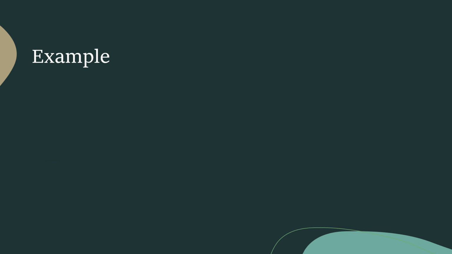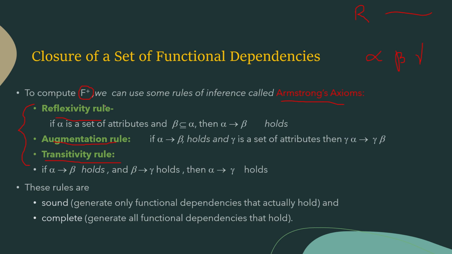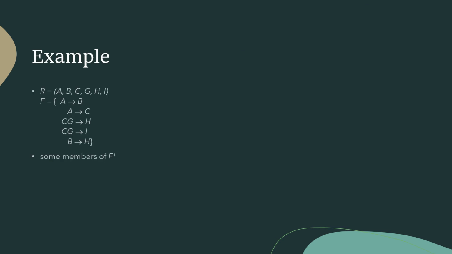Suppose we are given R, a relation schema consisting of different attributes: A, B, C, G, H, I. Let F be the set of functional dependencies given. From these functional dependencies, by applying the three rules explained, we can generate some logically inferred functional dependencies. First, if you check, A implies B is there and B implies H is there.